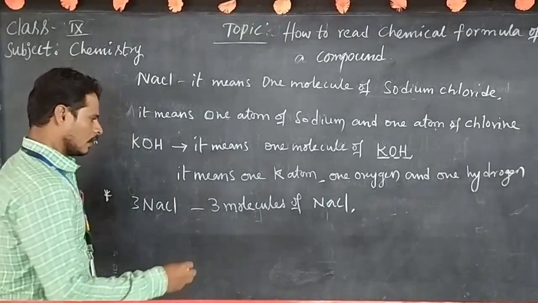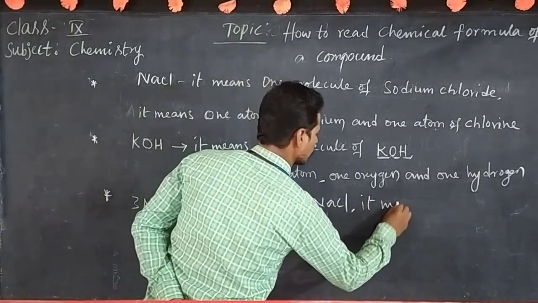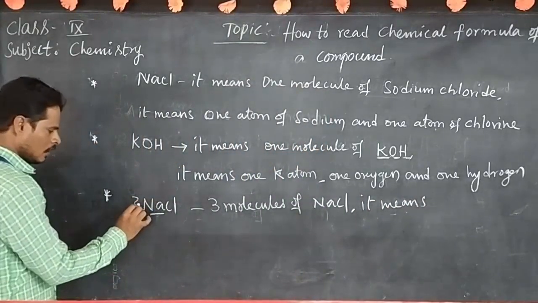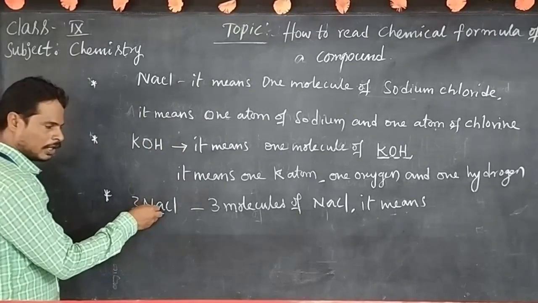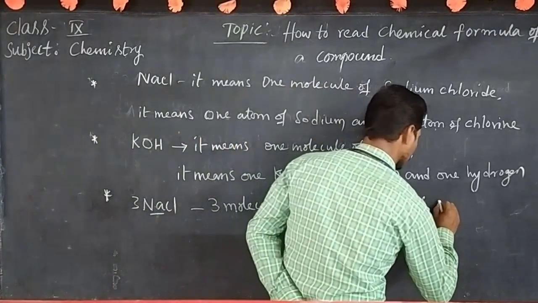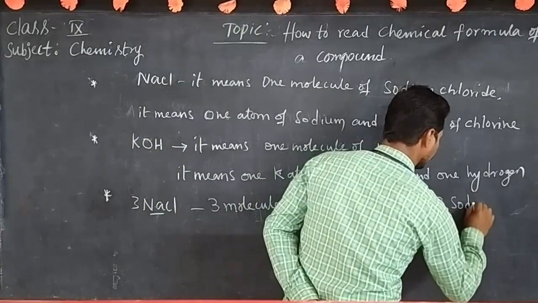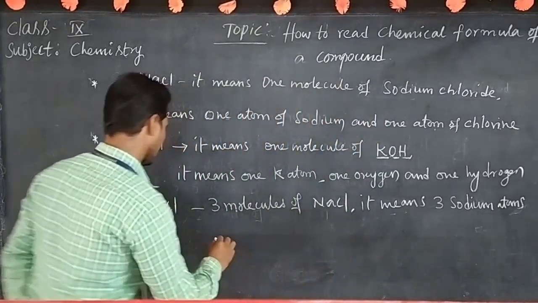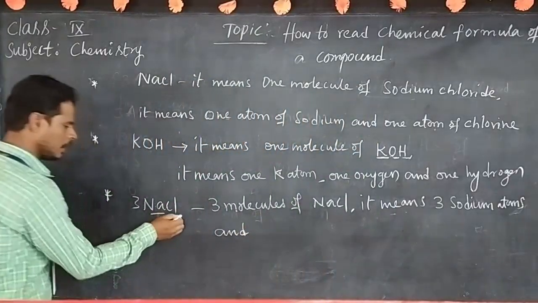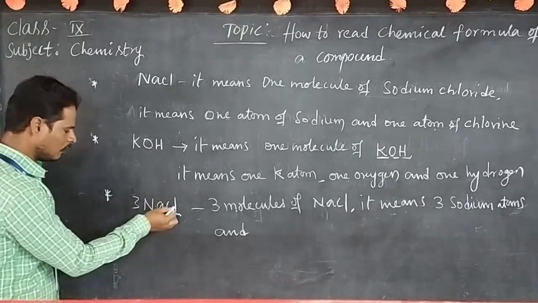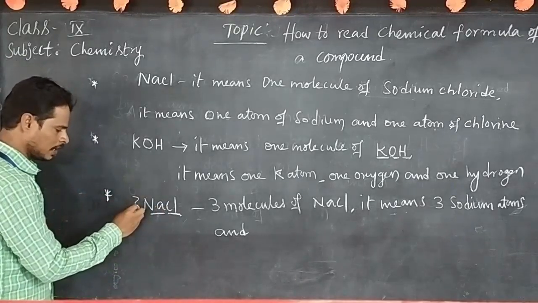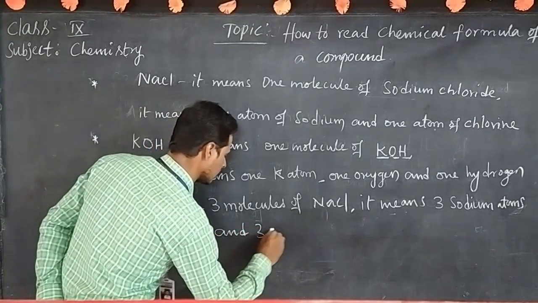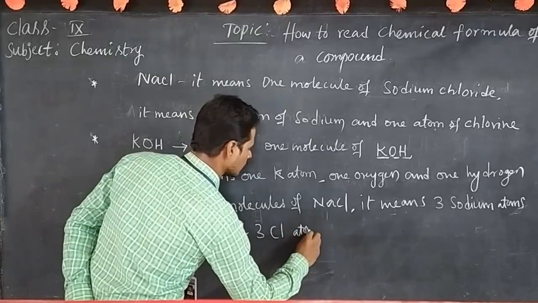Now observe. Here how many sodiums are there? Only 1. So 1 into 3, 3 sodium atoms. And here how many chlorines are there? Only 1 chlorine. But in front, how much number is there? 3. That's why 3 into 1, 3 chlorine atoms.